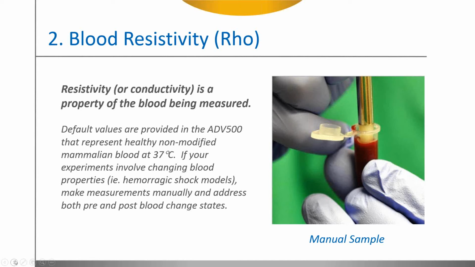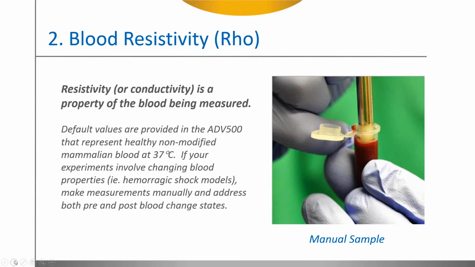The blood resistivity is an important calibration factor that needs to be considered. It's a property of the blood being measured and is not a variable during the experiment.